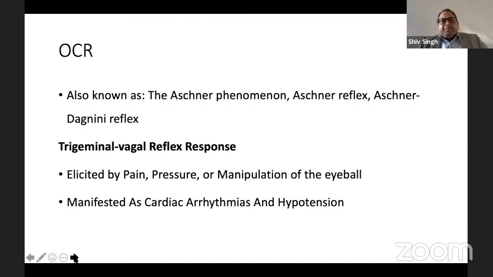And it is elicited by pain, pressure, or manipulation of the eyeball. Hence, it is quite common during surgery on the eyeball, especially strabismus surgery. And it manifests as cardiac arrhythmias and hypotension.